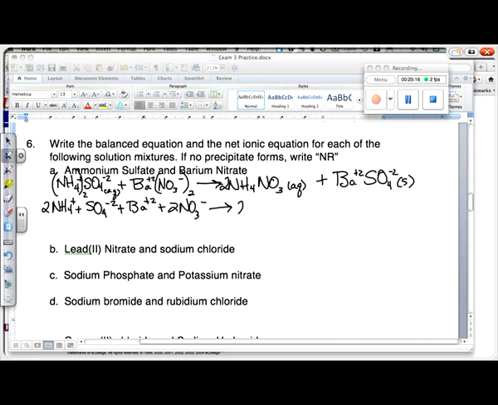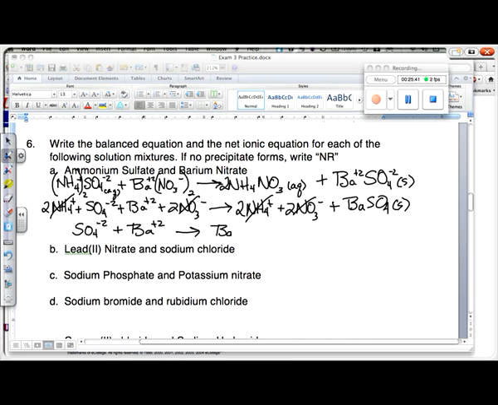Okay, so then distribute that: 2 ammoniums plus 2 nitrates plus leave the solid alone. Okay. Spectator ions are the ammonium and the nitrates, and then we're left with our net ionic equation, which are the ions that formed the precipitate. All right, so this is what we're going to do for each one of these.